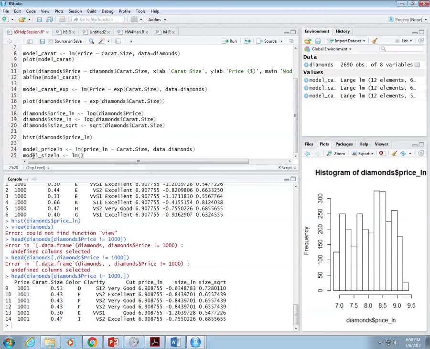So we have also size log, which is going to be the regular price as a function of size log, sorry. This variable here. And we can run those two.